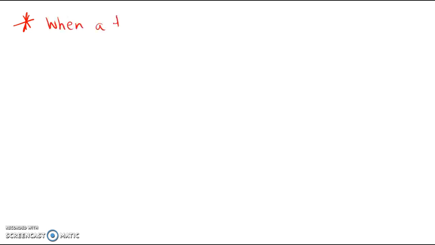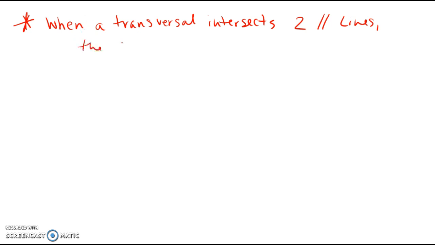So when a transversal intersects two parallel lines, then the alternate interior angles are congruent. So this is very similar, it's just with our alternate interior.